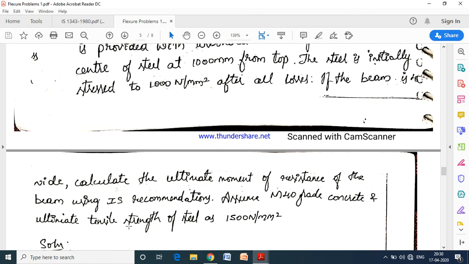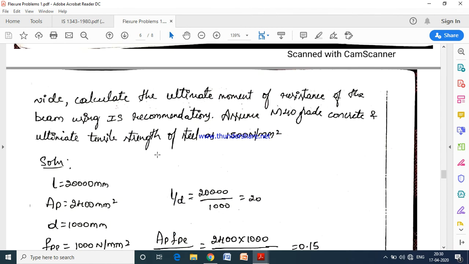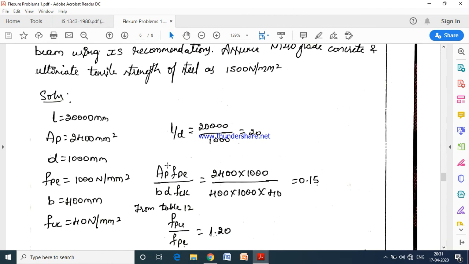Assume M40 grade concrete and ultimate tensile strength of steel as 1500 N/mm². So again, a post-tensioned simply supported beam of 20 meter span. We have to calculate the L by D ratio and the Ap fp by b d fck ratio. L by D is 20 and this ratio is 0.15.